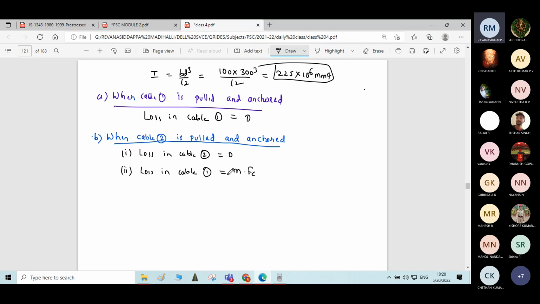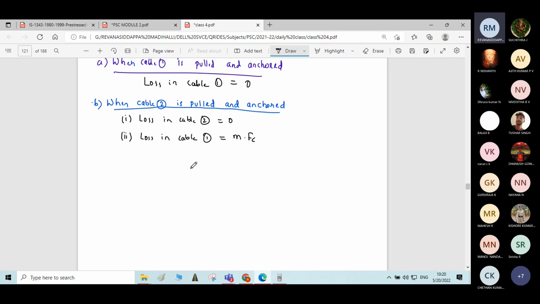There will be loss of stress in cable 1. That is calculated as m into fc. And we have the formula for calculation of fc: fc is equal to P by A plus P e by I into e minus M by I into e.